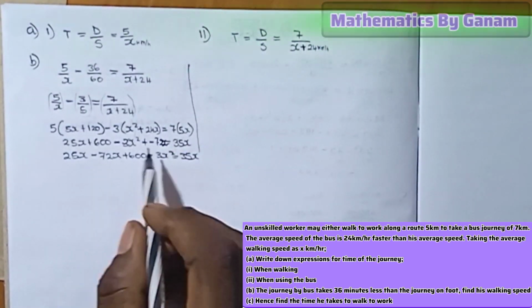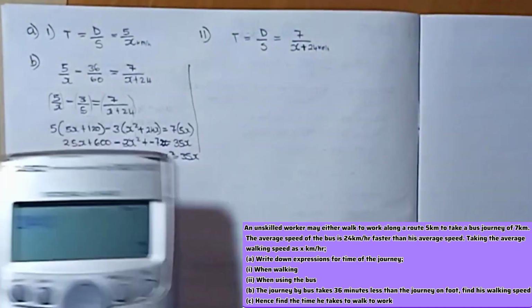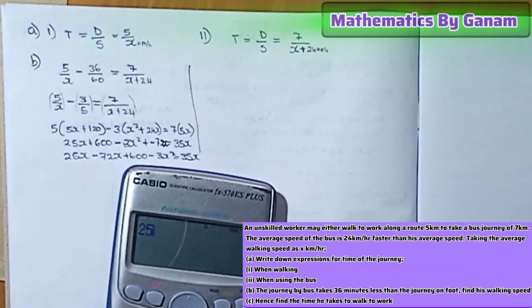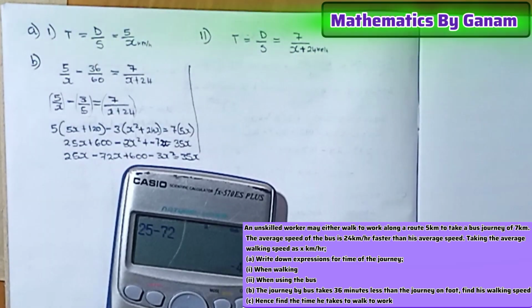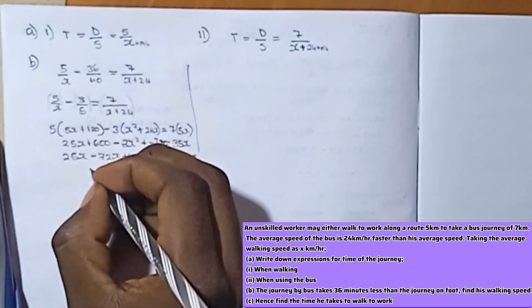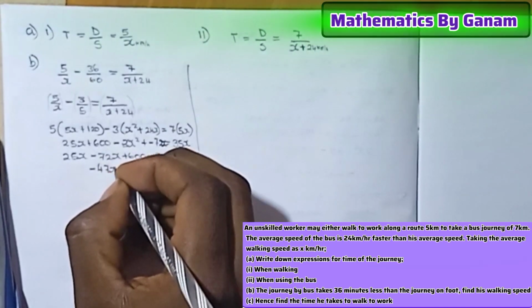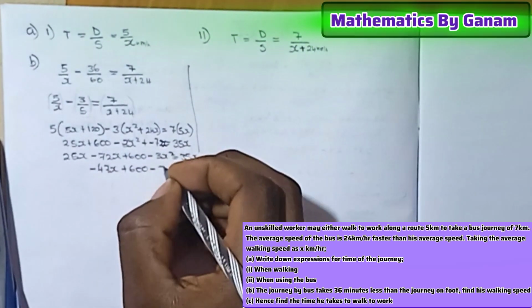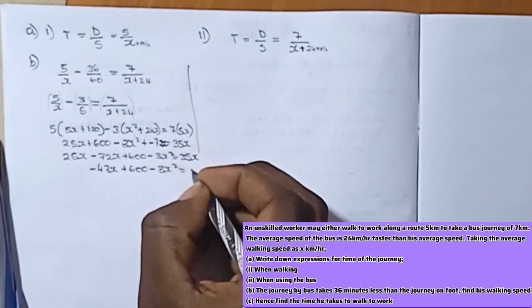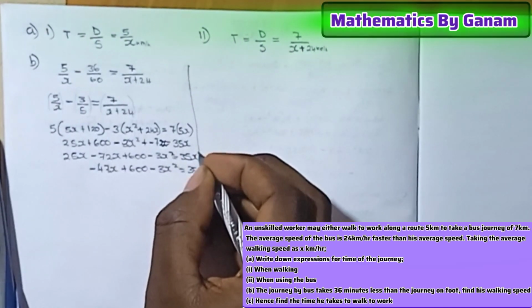So we have 25 minus 72, we have negative 47x plus 600 minus 3x squared is equal to 35x.